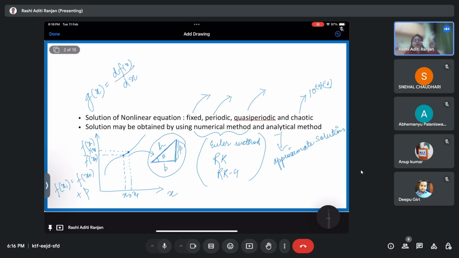But since we want to work only on the steady state solution, we can use approximate analytical solutions, because it is more reliable and gives us a better approach to know about the solution. But it is limited. It is not giving me the whole response. It is giving me the response either with a pre-assumption or by considering some perturbation. So that is what analytical solution is all about.